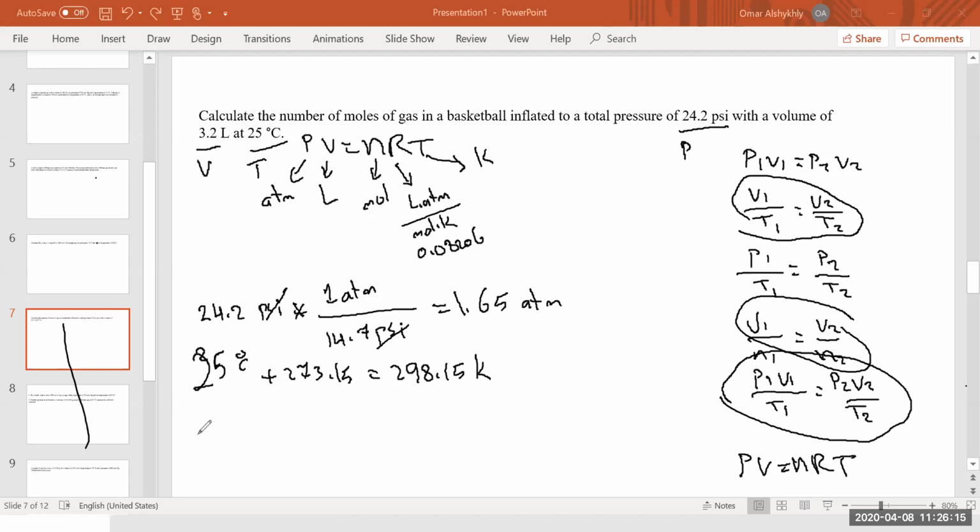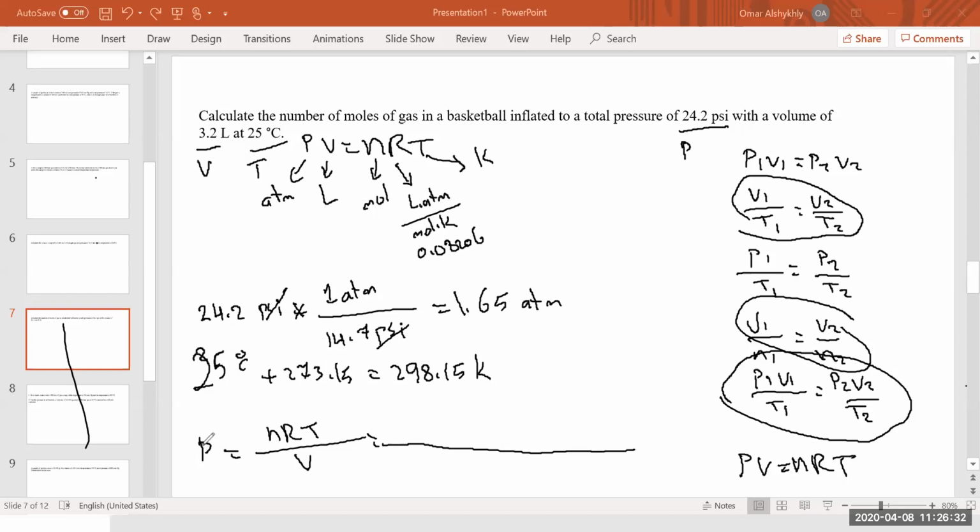So here we will say T will equal nRT divided by the V, and it's already in the mole here, isn't it? Oh, sorry, they need to calculate the number of moles.